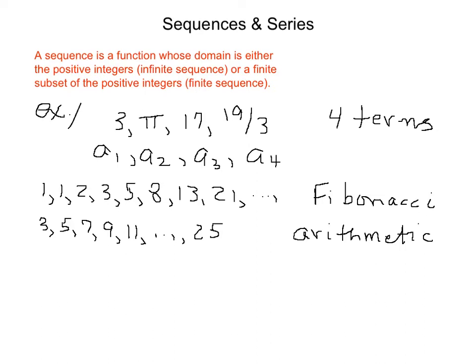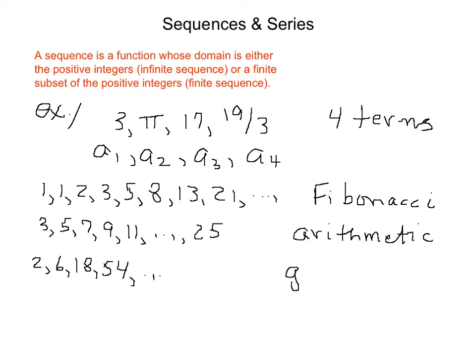Let's look at one more type of sequence. Okay, check this one out. Again, after a second or so, press pause and see if you can figure out what the pattern is. Hopefully you can recognize that we're multiplying each term by 3 to get the next term.